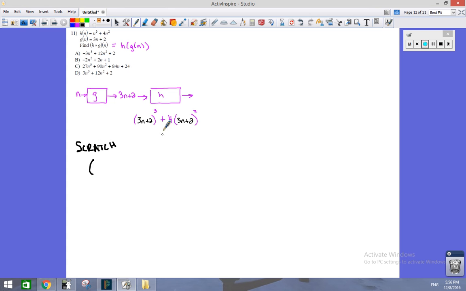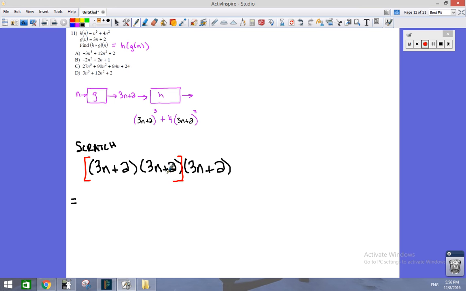Alright, so 3n plus 2 cubed means 3n plus 2 times 3n plus 2 times 3n plus 2. And when we do that, we just multiply and get our answer from multiplying the first two together, those binomials, and then take that answer and multiply it by 3n plus 2.